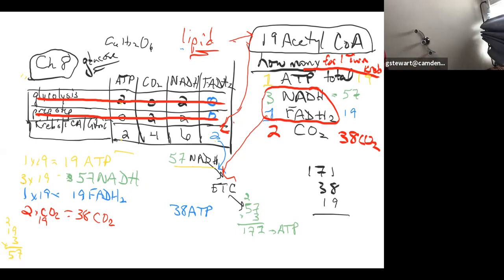This is going to be my total number of ATP now. I've got 18, carry the 1, 10, 11, 12, carry the 1, 228 ATP from oxidizing that lipid.